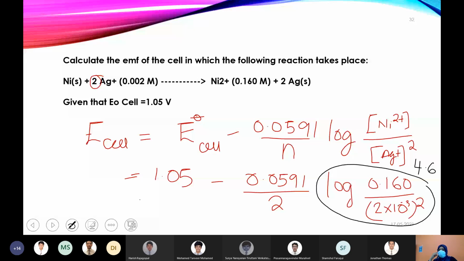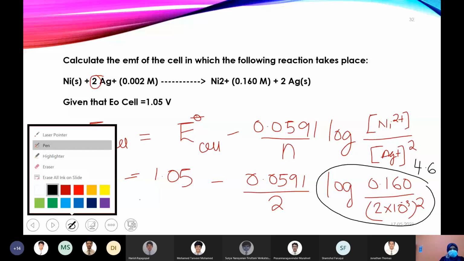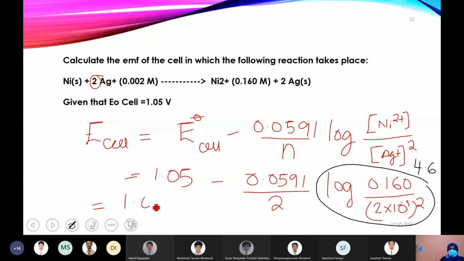Then you have to multiply that with 0.0591 divided by 2. Tell me what you're getting to subtract from 1.05. 1.05 minus what is happening in the next term.